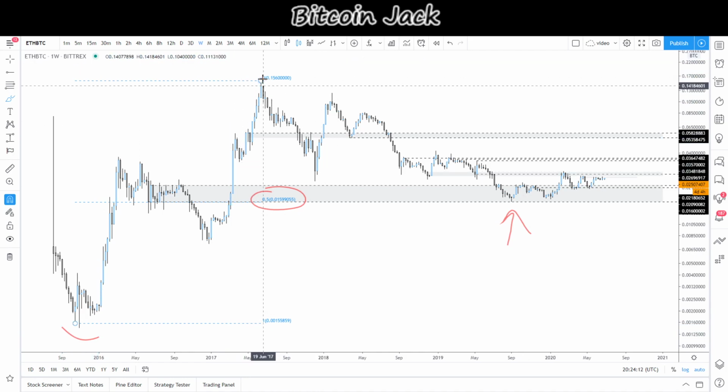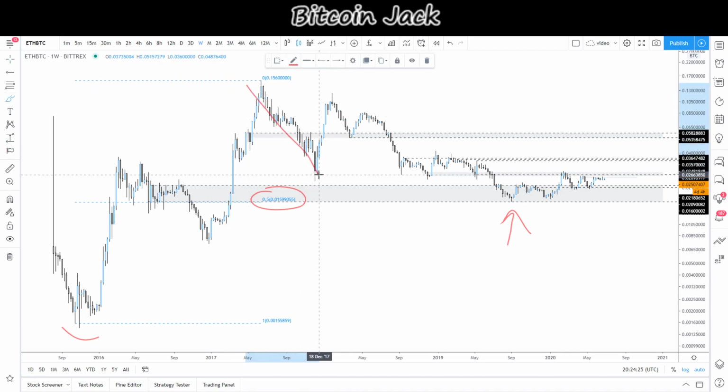And ever since then, ETH has been in a downtrend. I think it's been in a corrective structure, even though this is 90% down. But I do think it's an ABC structure. So A, B, something like that, and then C down there.